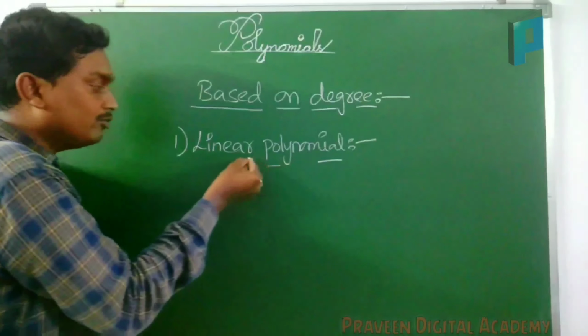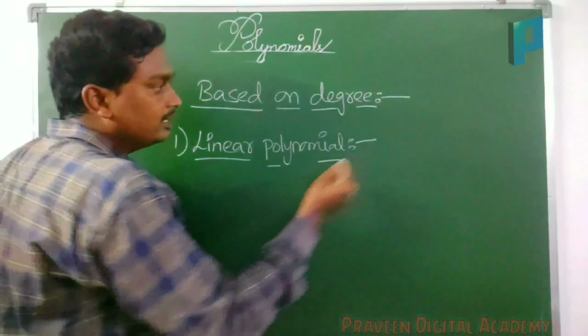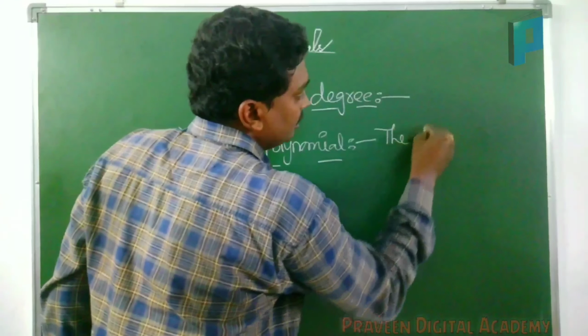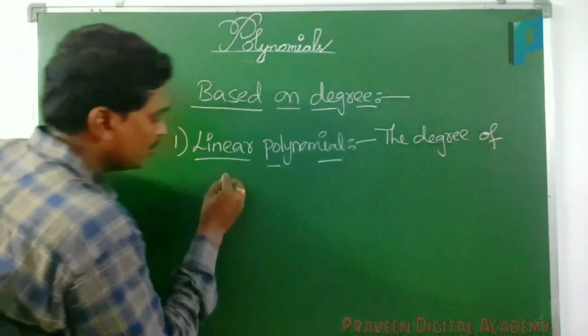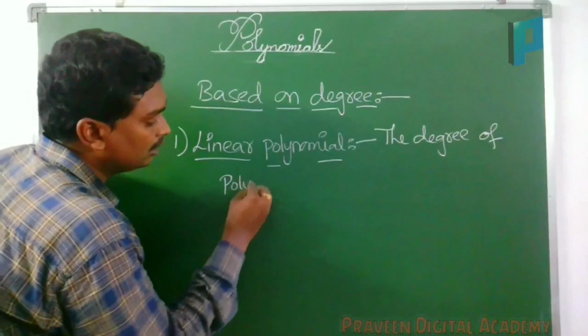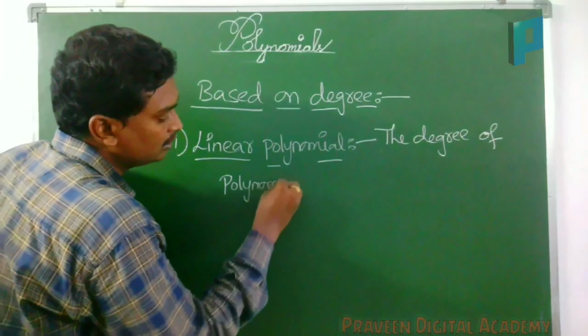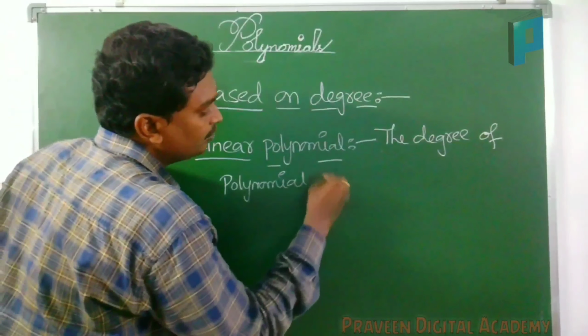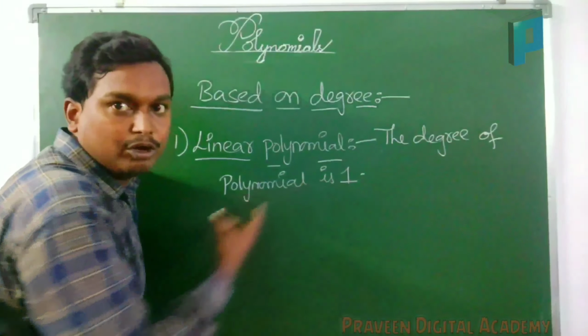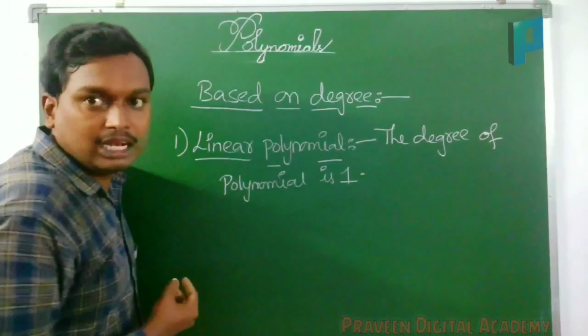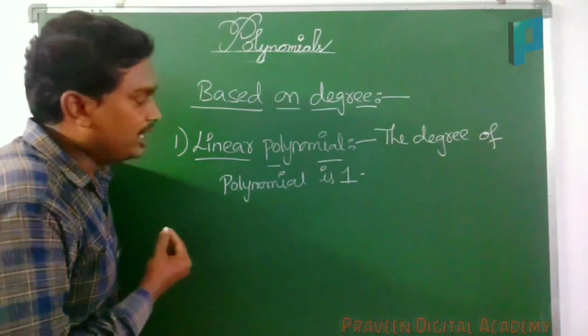The definition of the linear polynomial is: the degree of the polynomial is 1. Such kind of polynomial is called a linear polynomial.